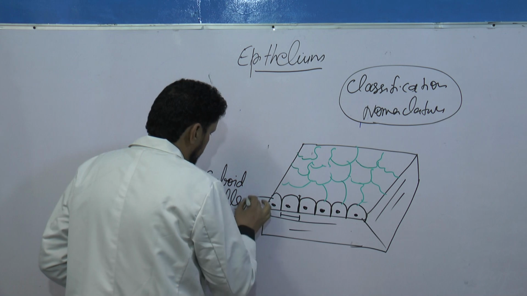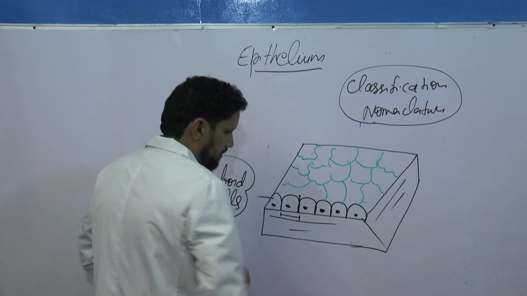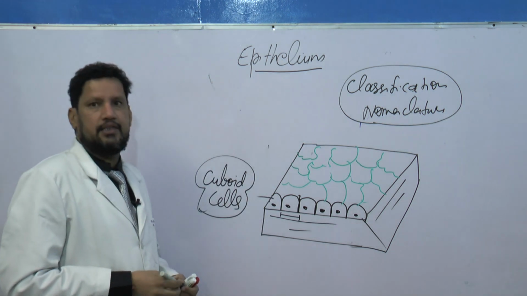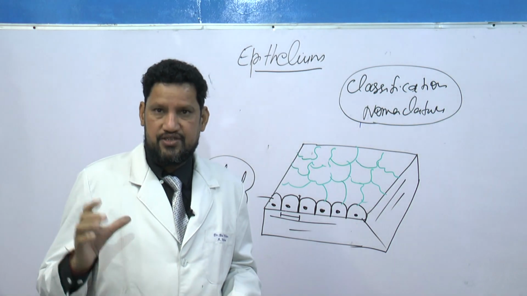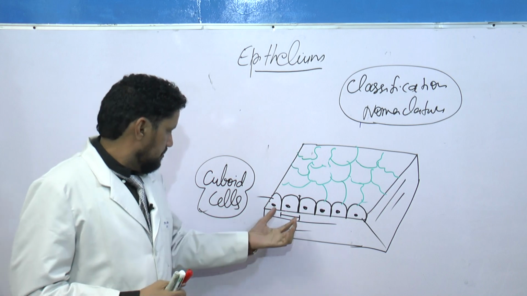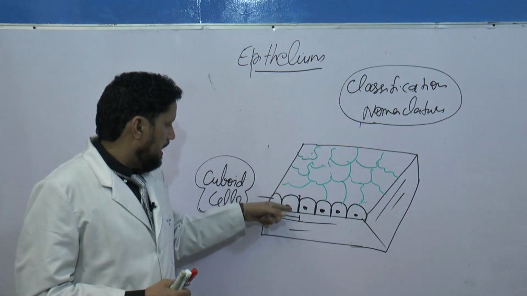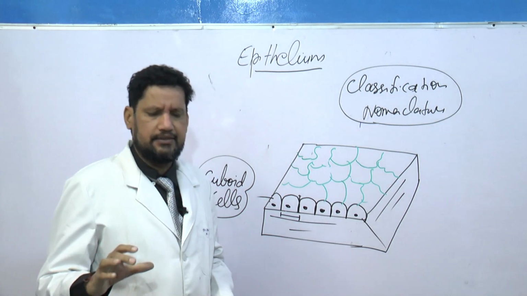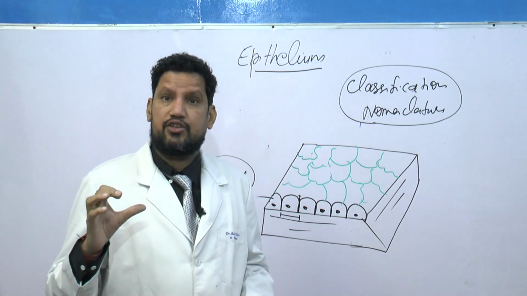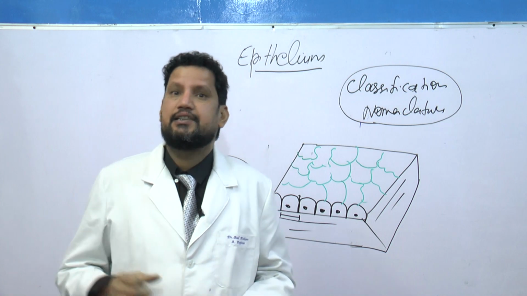Cuboid cells are those cells which are having the height and breadth in two-dimensional dimension almost equal. So these cells look like a cube, so named as the cuboidal cells.